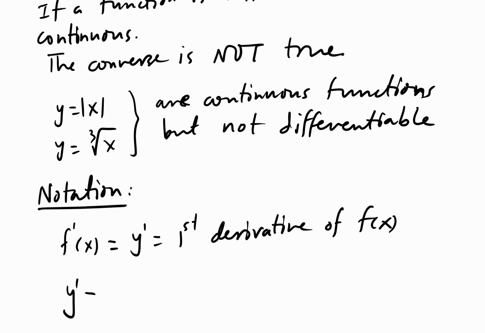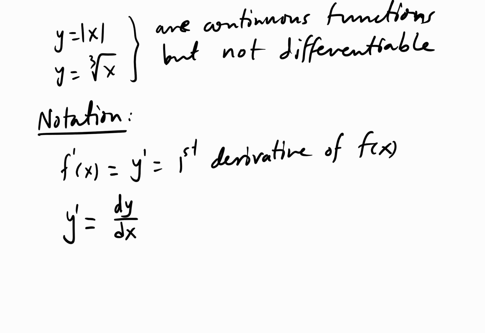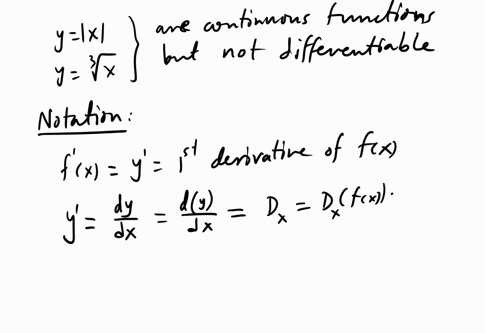Different people write differently. Some people write dy dx. That's called Leibniz notation. Leibniz was a mathematician who used this notation, dy dx. That means you're finding the derivative of y with respect to the variable x. I've seen people write d sub x, like derivative per x, or derivative of f of x per x, or d of f of x.